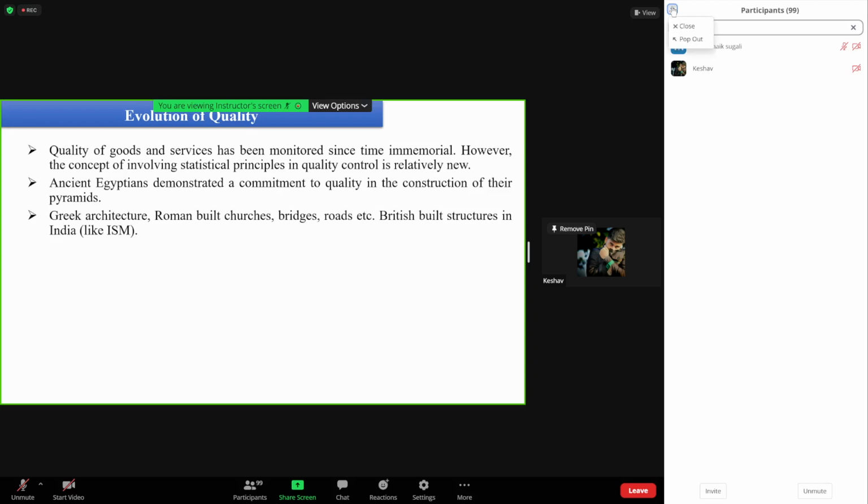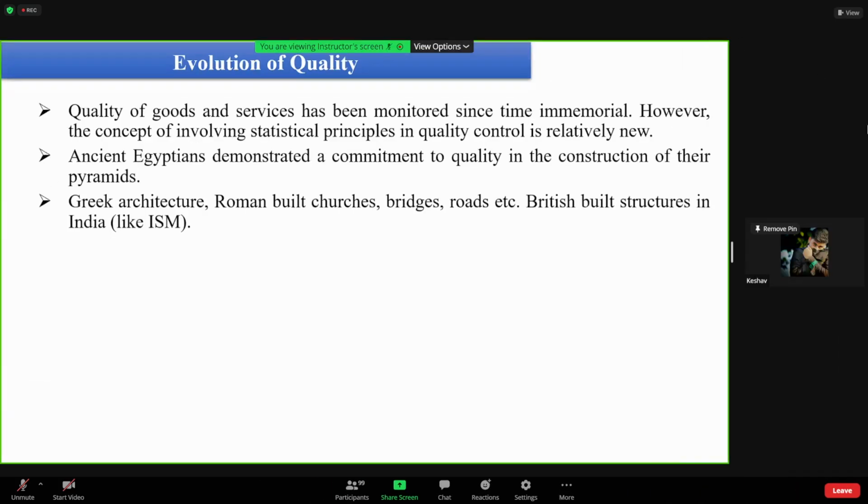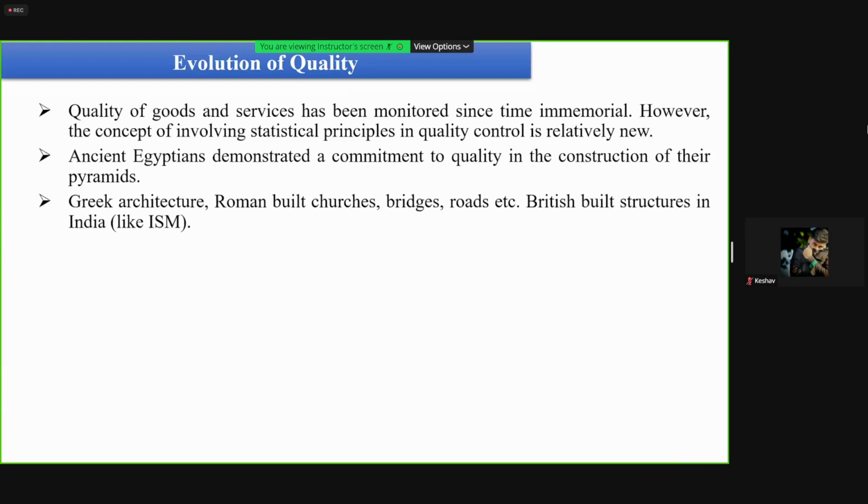Now, after that, during the initial 1900s, there was no large scale machinery available. Before the first industrial revolution happened, people used to produce goods at their home or in very small settings, with their hands.